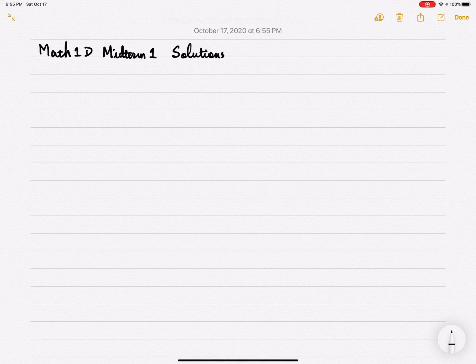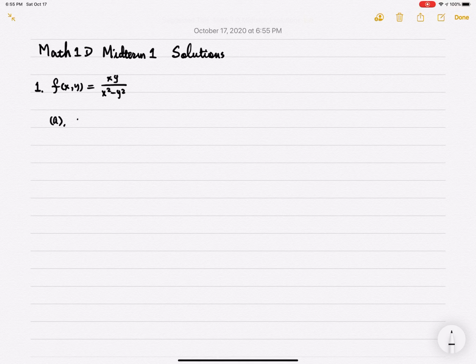Okay, so first problem. We're given the function f(x,y) equal to xy over x squared minus y squared. We ask you to do two things. First of all, find the domain and sketch the graph of the domain.